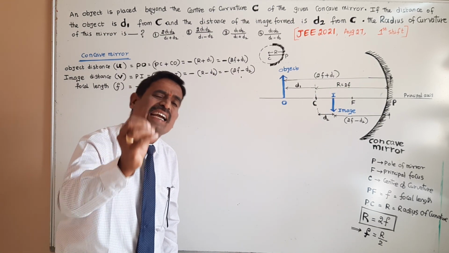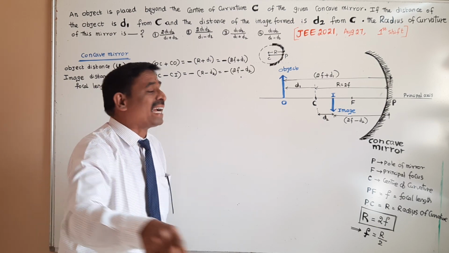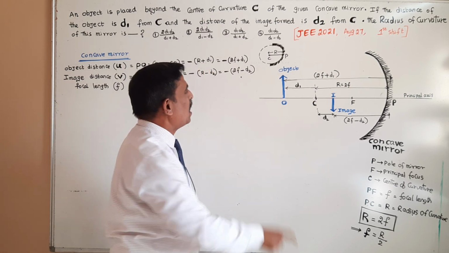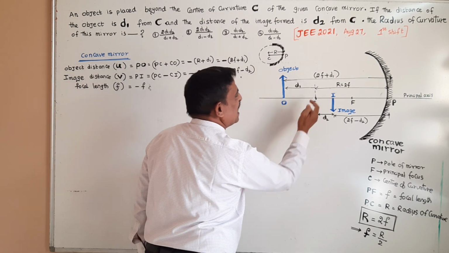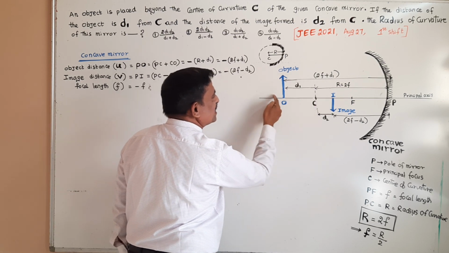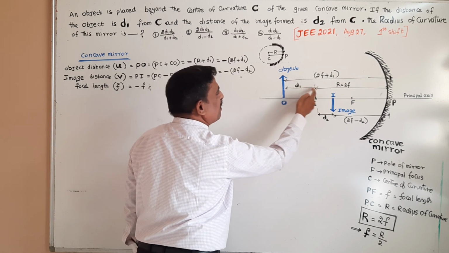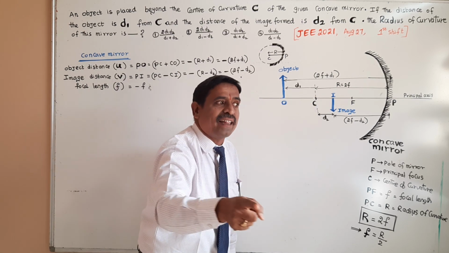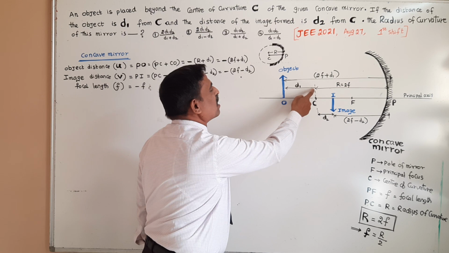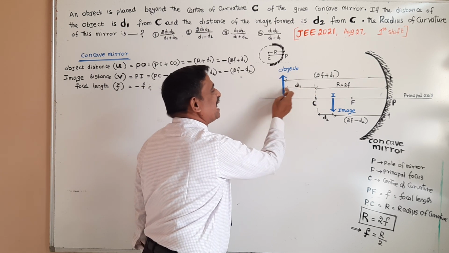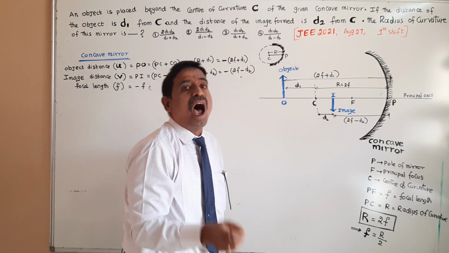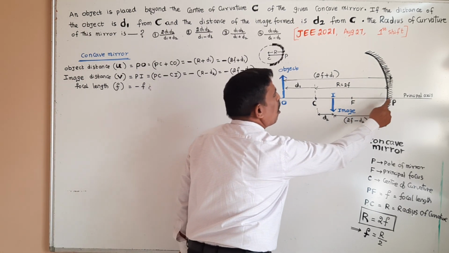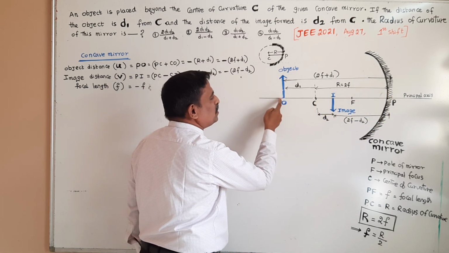They told very clearly, the object is placed beyond the center of curvature at a distance of d1 from center of curvature. Object distance means the distance between the pole of the mirror and the object.